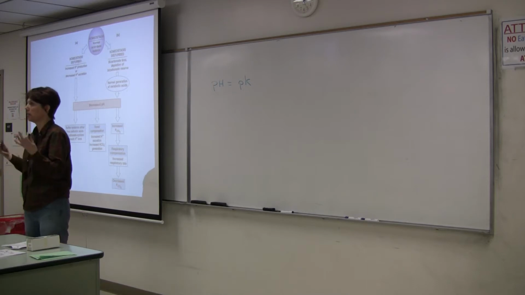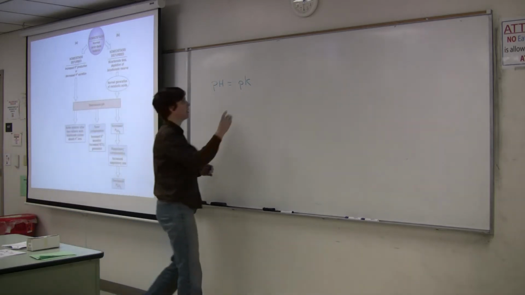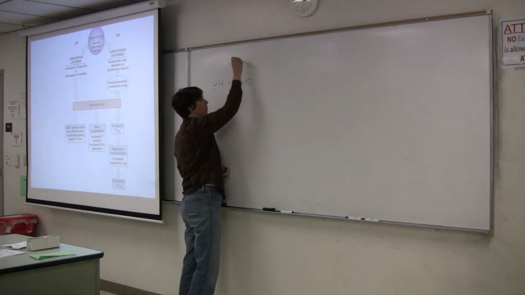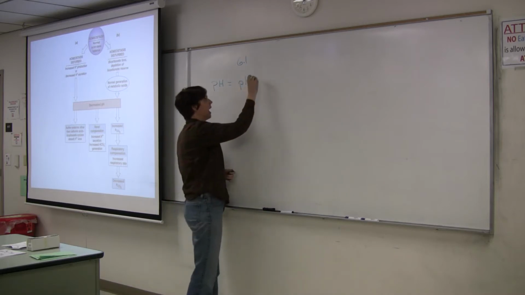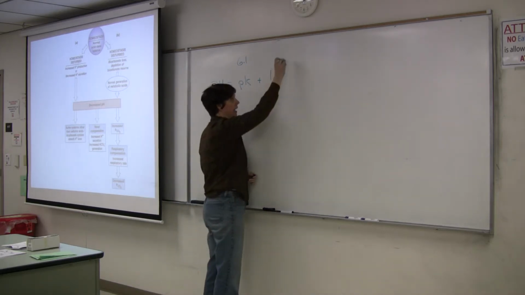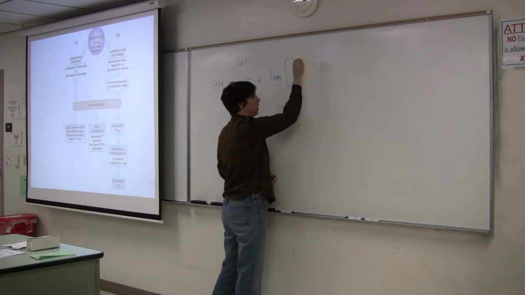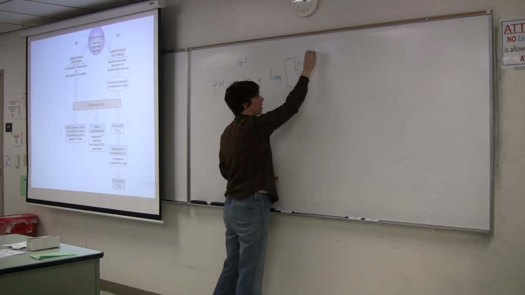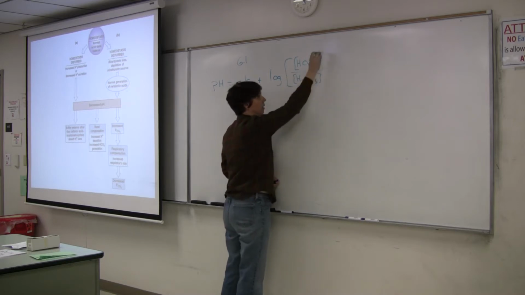Obviously temperature adds or removes energy from the reaction. So for our intents and purposes, this pK is equal to 6.1. And then we take the log of the relationship between bicarbonate ions and carbonic acid.